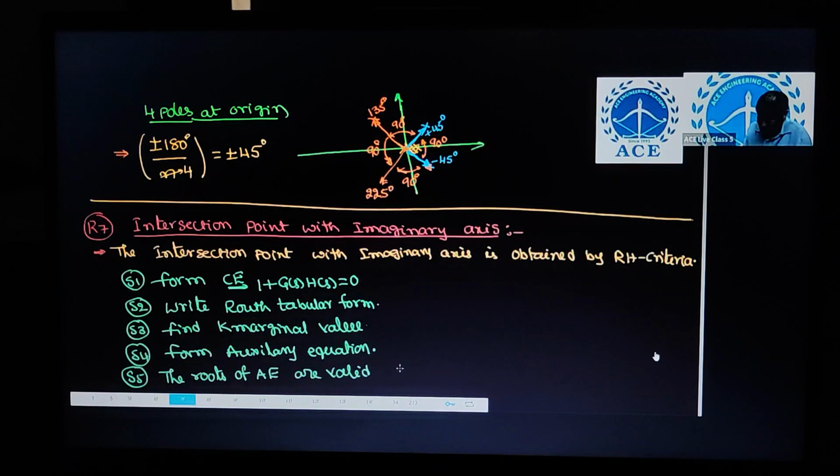Valid and invalid intersection point with imaginary axis.